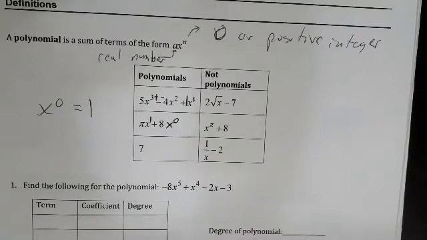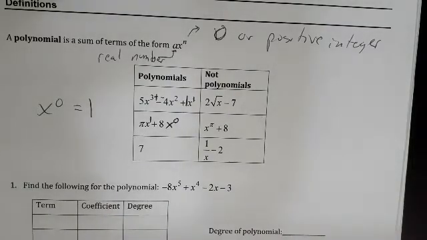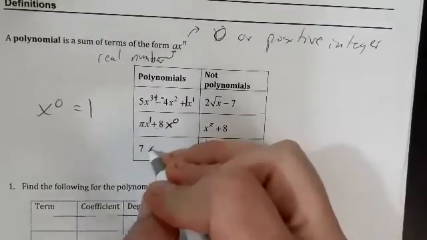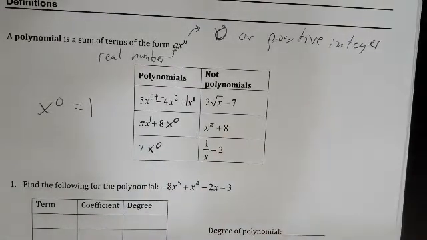So I can think about things that are just coefficients or just constants as being variables to the 0 power. Same thing with the 7. I can think about this as a constant here. But if I really want to think about how many x's are on there, what power of x would be on there? It would be 0.